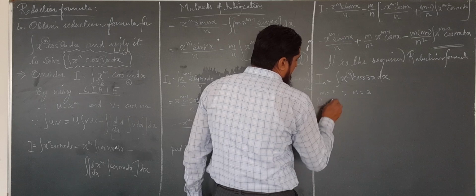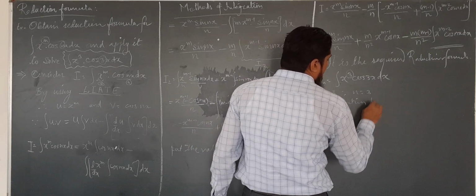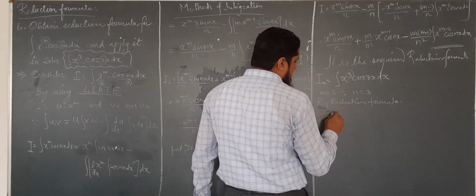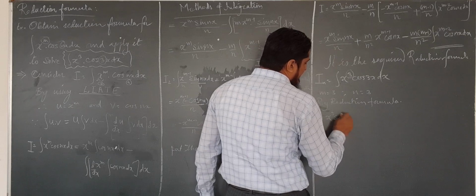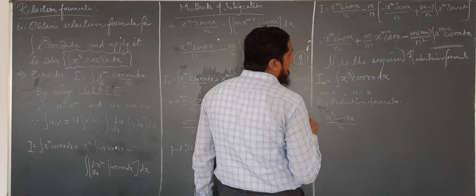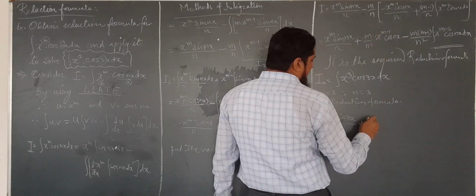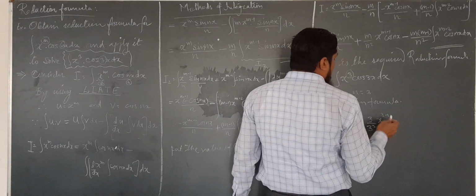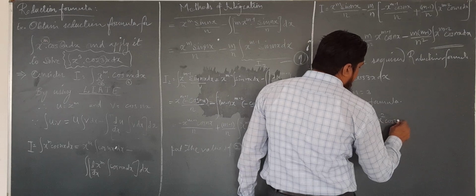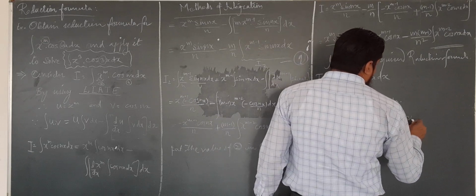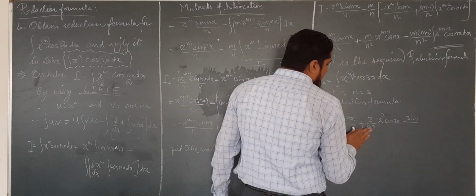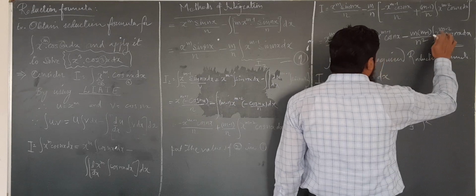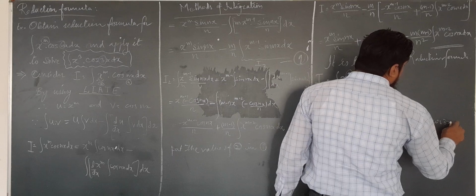So by using the reduction formula, we can write it as x cube sine 3x upon n, where n is equals to 3, that is 3, plus 3 upon 3 square x raised to 3 minus 1, that is 2, cos 3x, minus 3 minus 1 means 3 into 2, and 3 square, that we can write 9, and x raised to 3 minus 2 means x cos 3x dx.